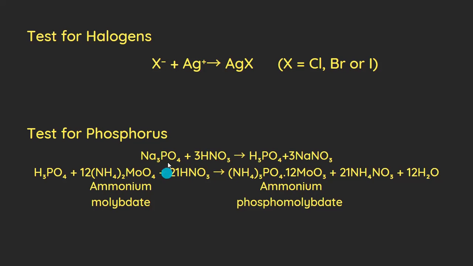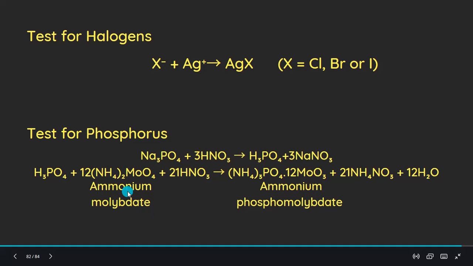This is then boiled with nitric acid and treated with ammonium molybdate. So this is H3PO4. It's boiled with nitric acid, followed by treatment with ammonium molybdate.